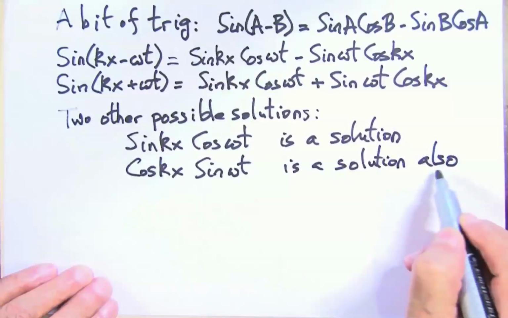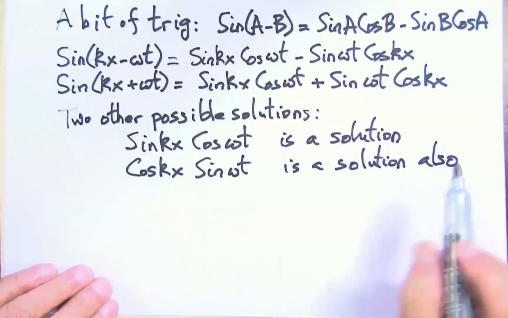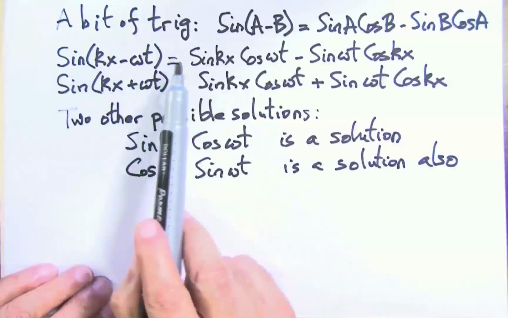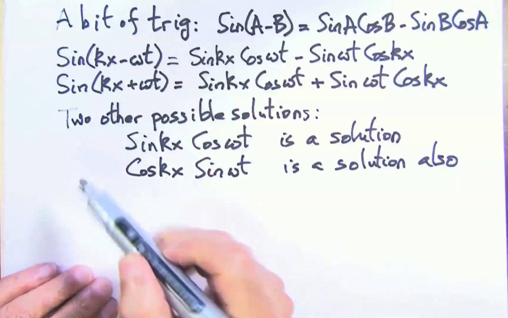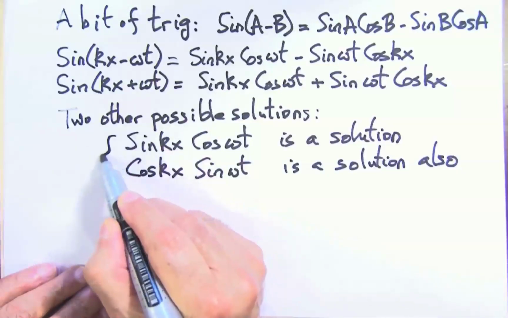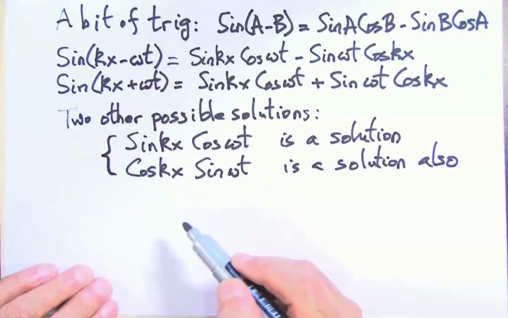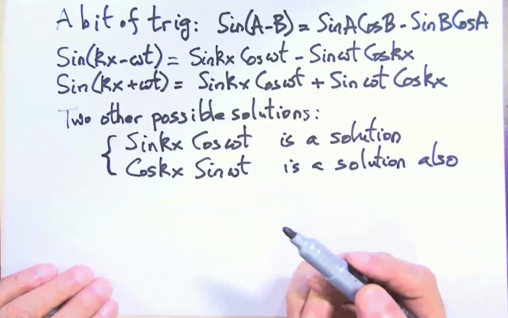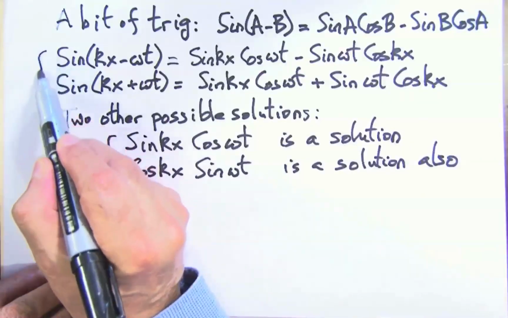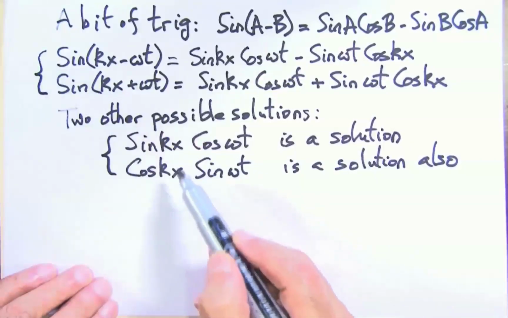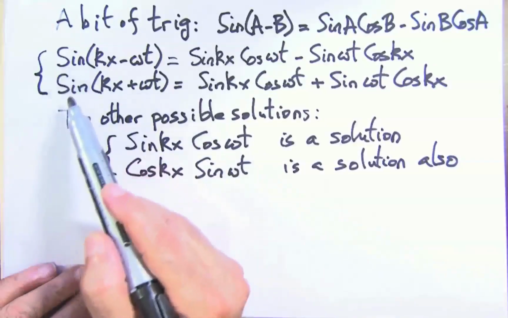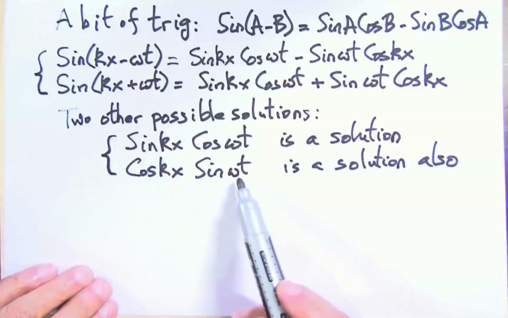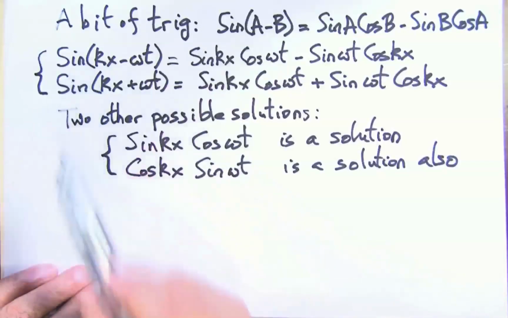All right, now I'm sure that you must be very confused because look, I said this is a solution and that is a solution and this is a solution and that is a solution. Well, we call this one basis and we call this another basis, and they're both the same. You can write this as a combination of this and this, or you can write this as a different combination of this and this.